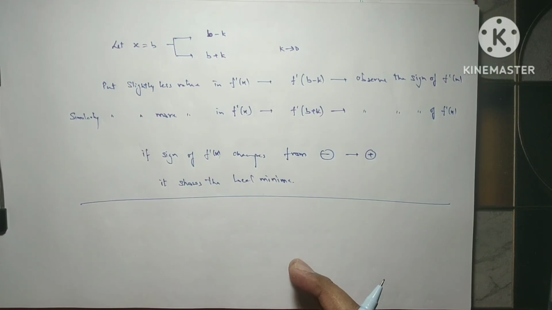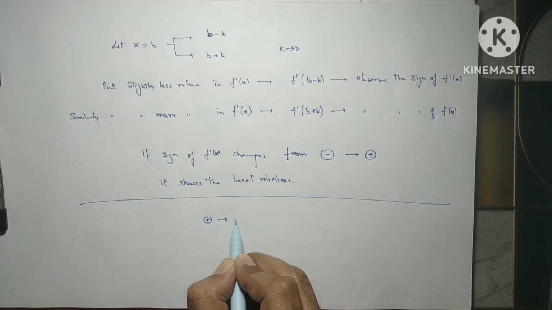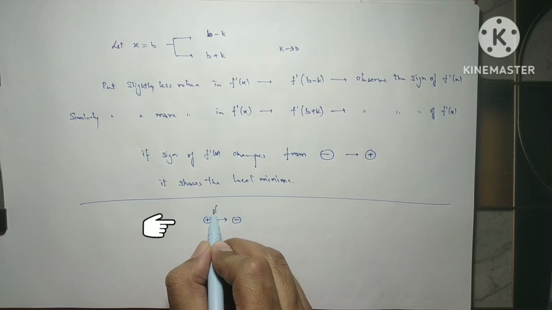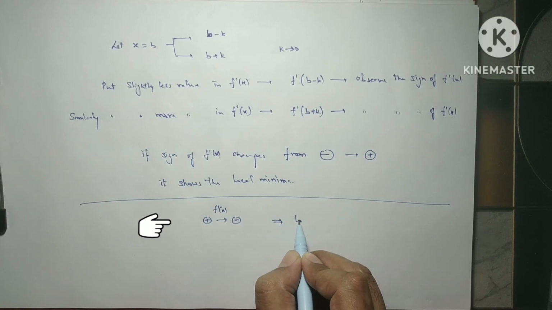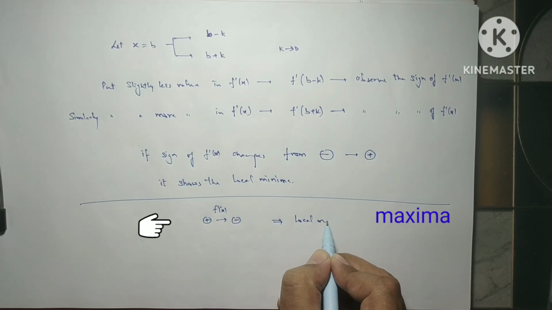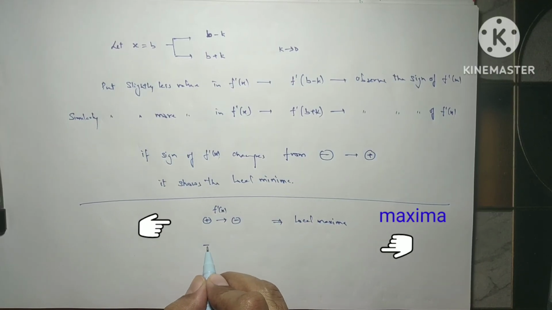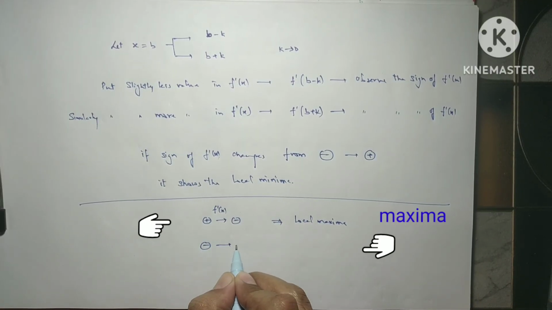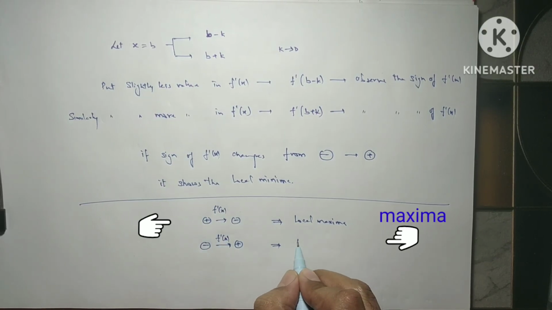If the sign of f dash x changes from positive to negative, that shows local maxima, and if it changes from negative to positive, then it shows local minima.